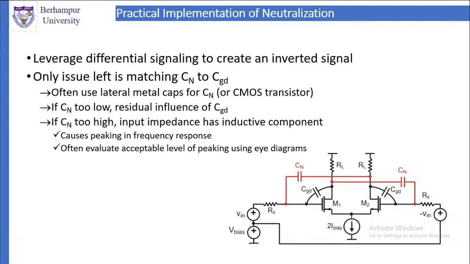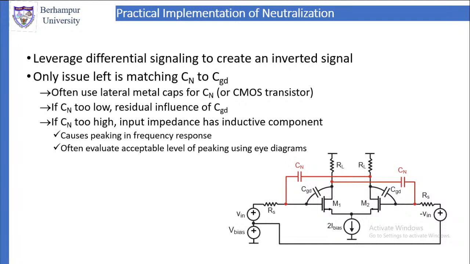For the first amplifier M1, Cn is not connected to RL of M1. Cn is connected to RL of M2. Similarly, for the second amplifier M2, the Cn is connected to RL of M1. That is what we are doing.